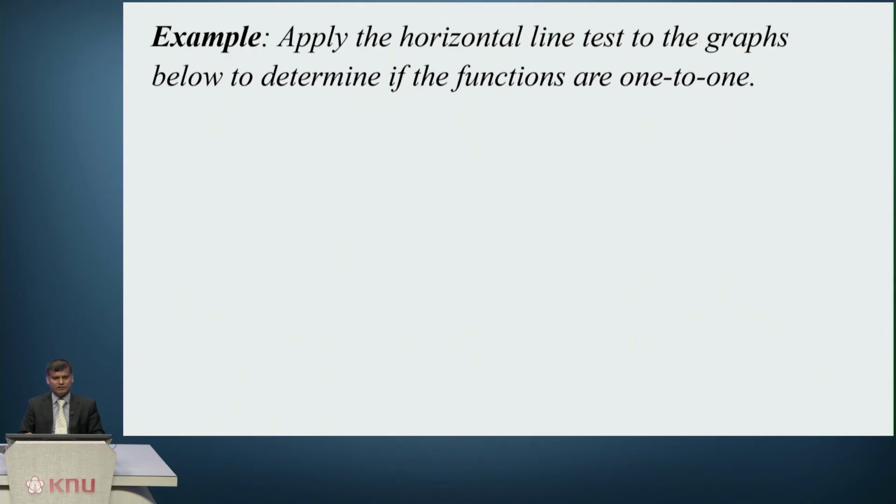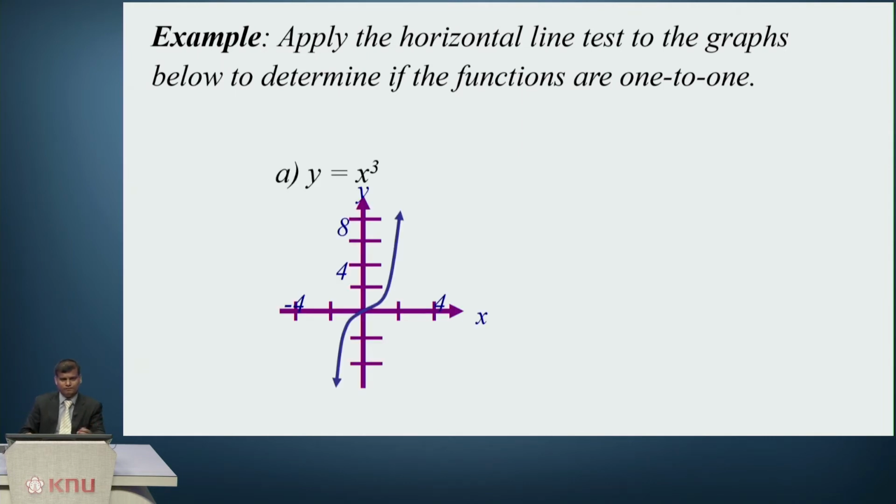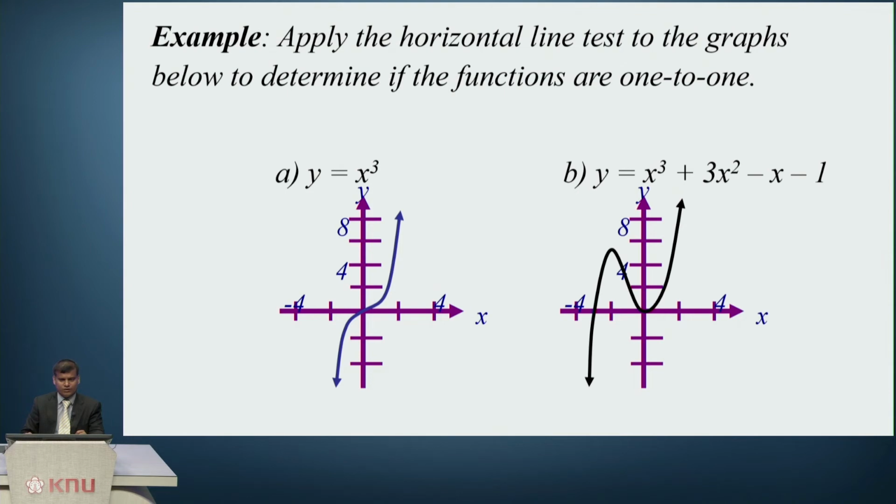So let's apply this horizontal line test to the graphs below and see how this applies. y equals x cube. So let's try to define it. y equals x cube plus 3x square minus x minus 1. Looks quite strange. Then we are trying to have this one-to-one test on these two graphs.